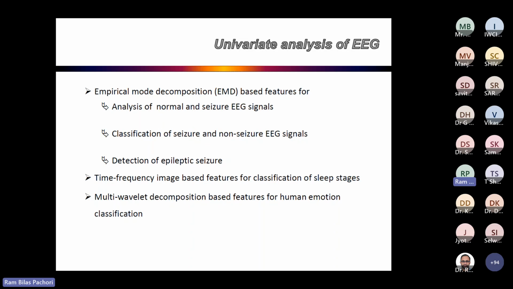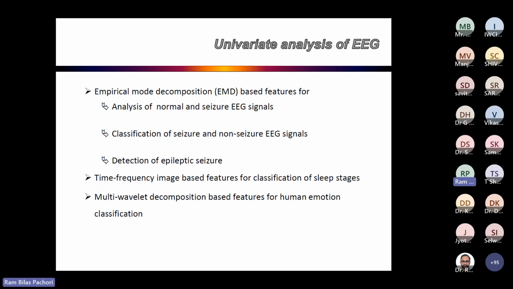Non-seizure includes normal as well as seizure free. Seizure free means the patients earlier had epilepsy, but treatment has been done and now they are seizure free. Normal means they never had epilepsy, and combining normal and seizure free gives you non-seizure.